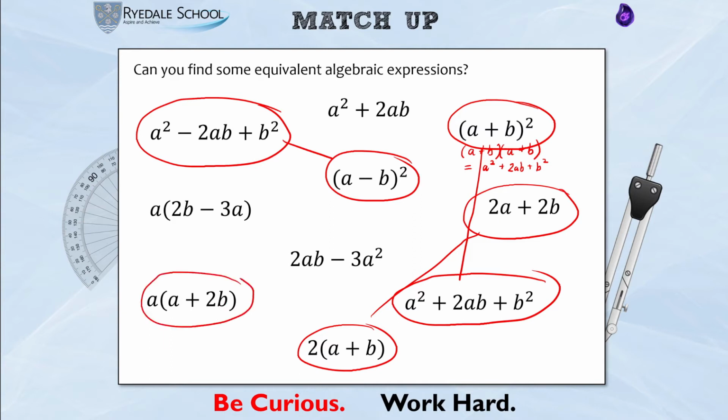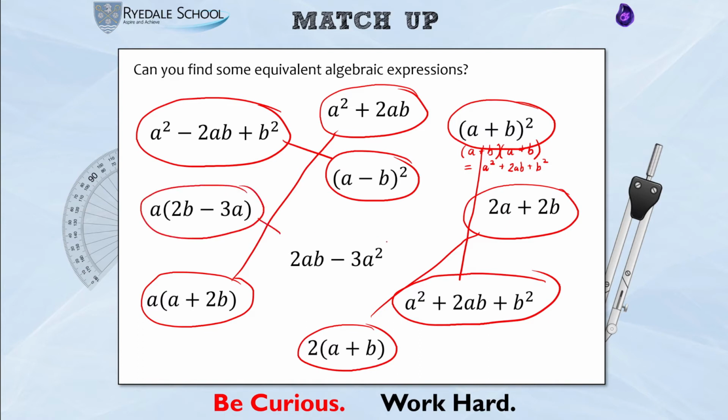So for that one, we are looking for an a squared plus a 2ab, which is that one up there. And finally, let's check that this does match. 2b times a would be 2ab, and a times 3a would be 3a squared, but we're subtracting it. So yes, those two also match.